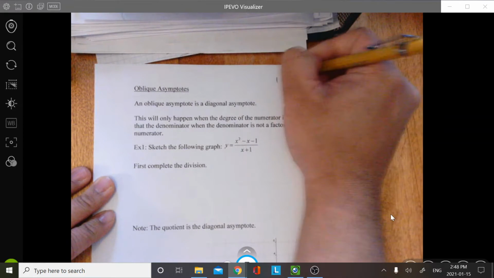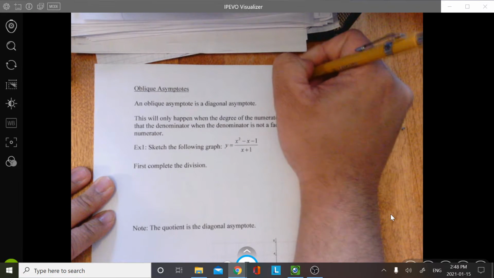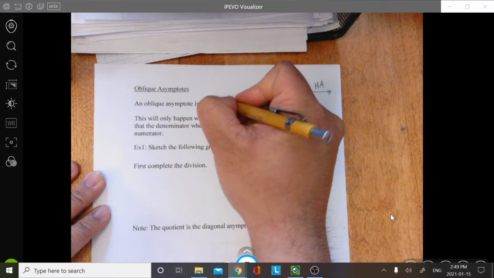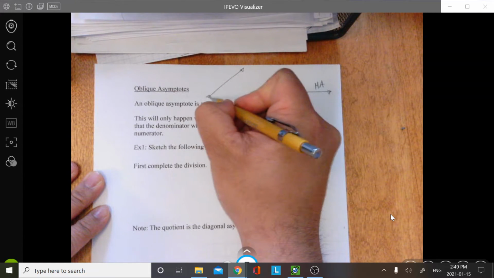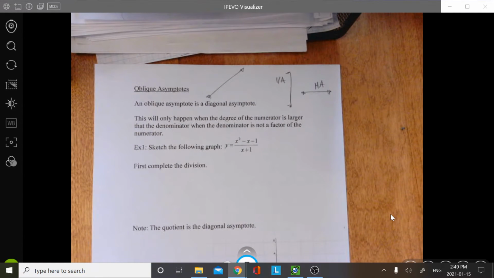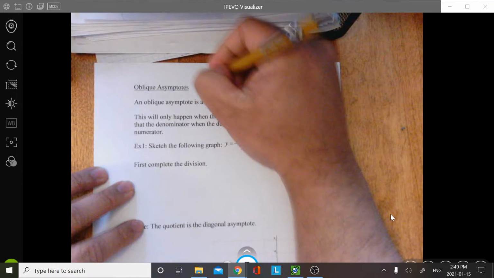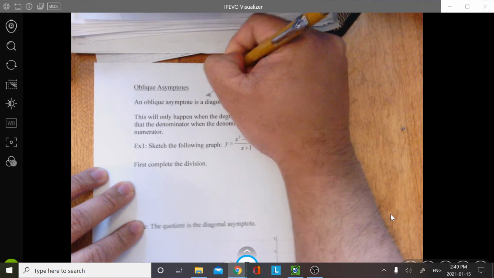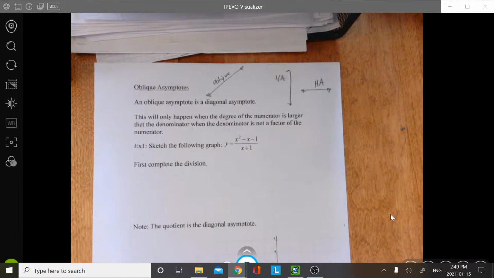And so an oblique asymptote, it's the same concept. Our curve is going to approach these lines, but oblique means that they are diagonal. So it's going to look a little bit different, but again, it's going to approach this line but never touch it, just like these other asymptotes.